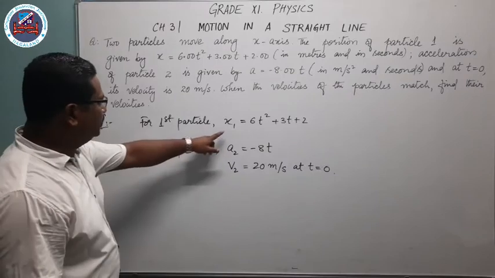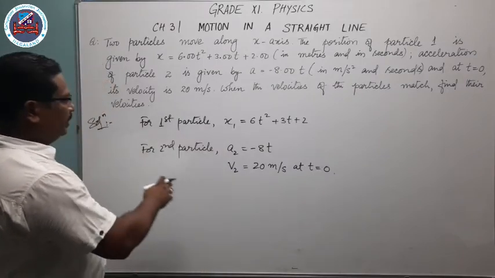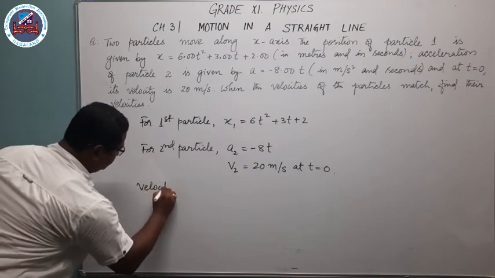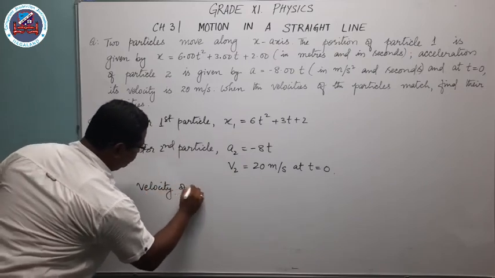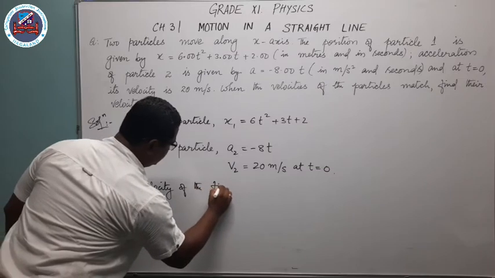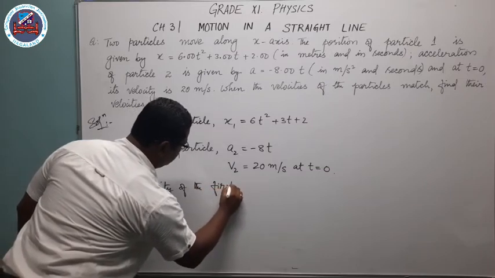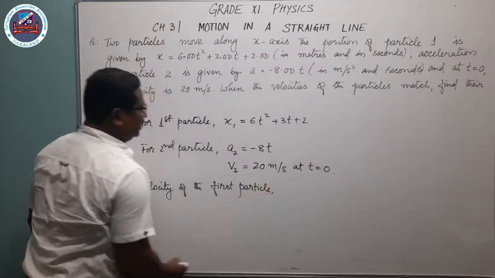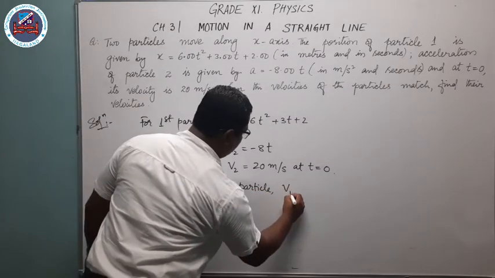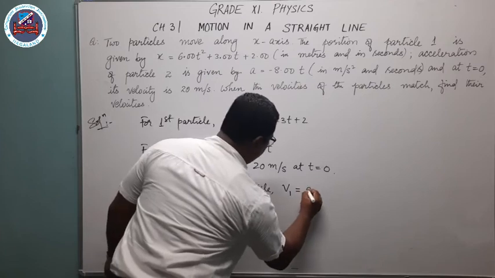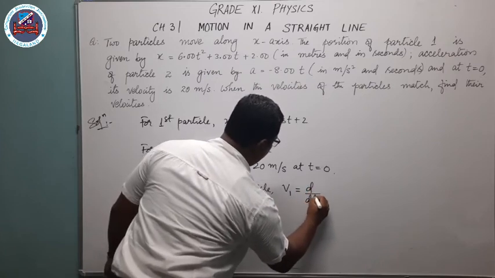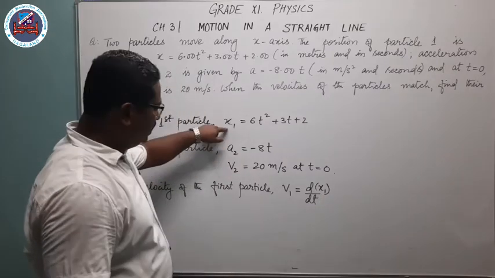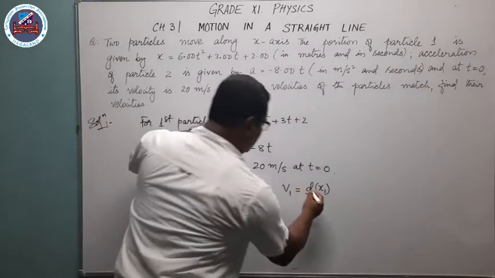For the first particle, the velocity of the first particle, let me write it as v1. To get it, I'll have to differentiate x1, d/dt of x1, then I'll get the velocity.